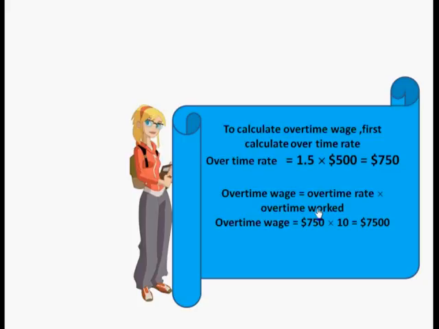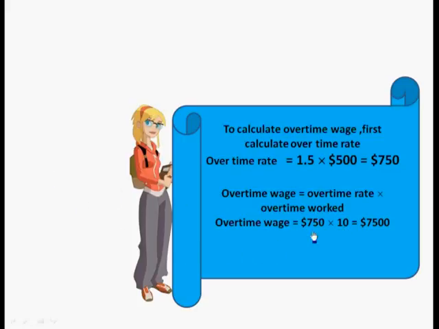Is that clear? So, in other words, she is supposed to work 40 hours, but she worked 50 hours. Then her overtime work is what? 10 hours.